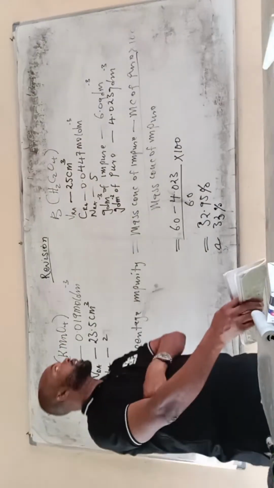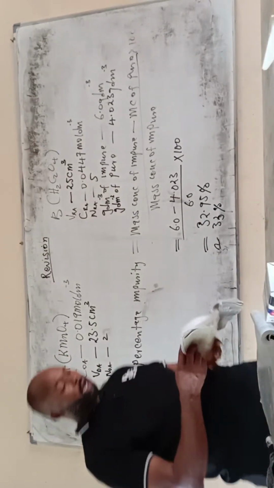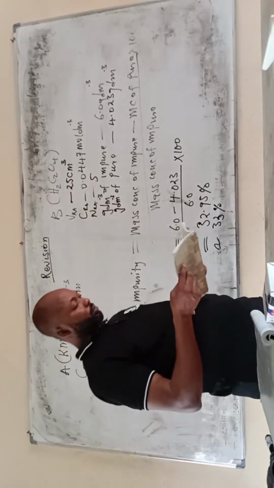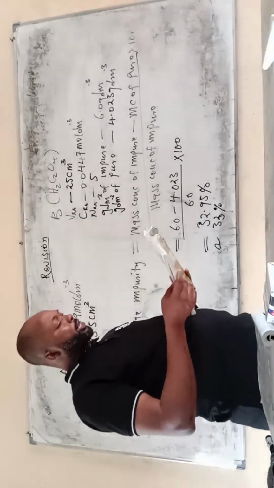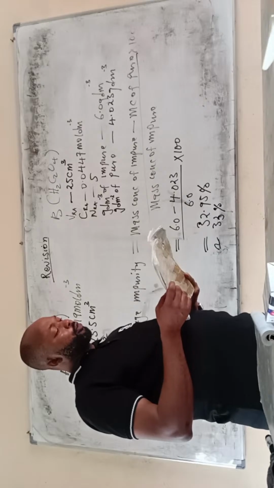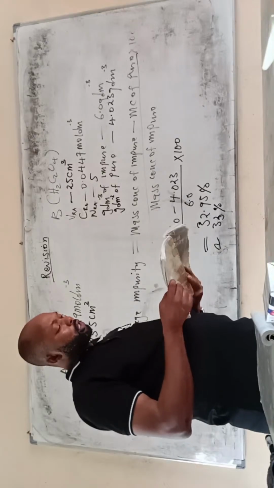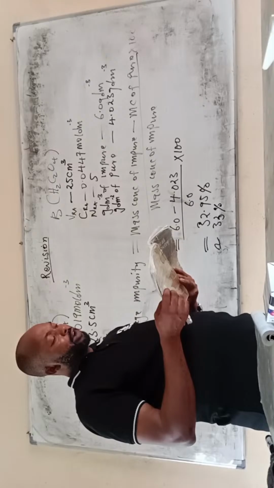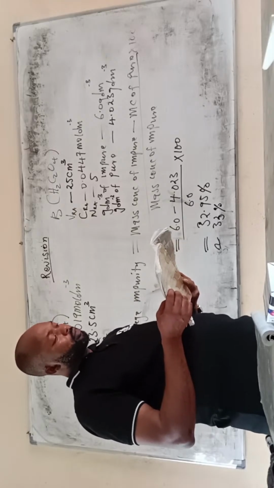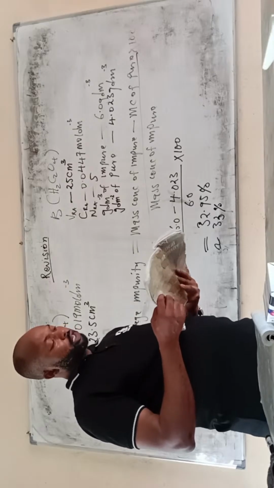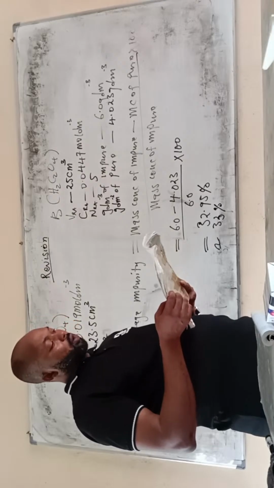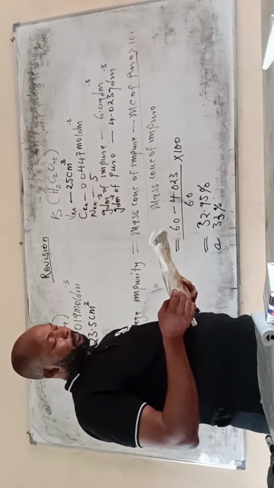Okay, I will be taking this out so that I can give us another question. Now, let me read the question after I clean the board and write it up. We say that 0.02 M of KMnO4 is titrated against 25 cm³ of iron(II) tetraoxosulfate(VI) X hydrate.